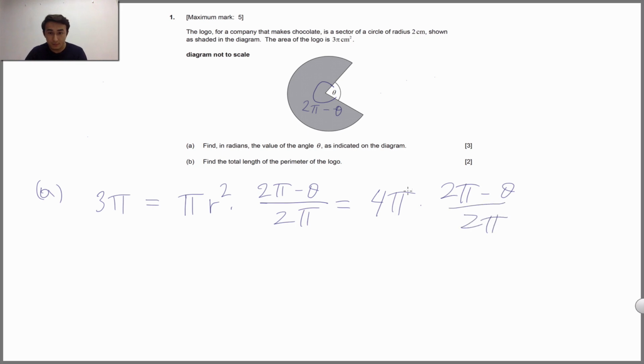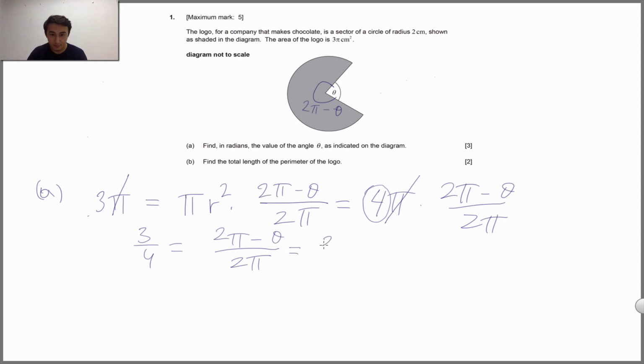Alright, cool. So what happens is we can cancel this pi and this pi here. And next we can divide both sides by 4. So this 4 will go right below 3. So it will become 3 over 4 is equal to 2 pi minus theta divided by 2 pi. And we can continue from here.